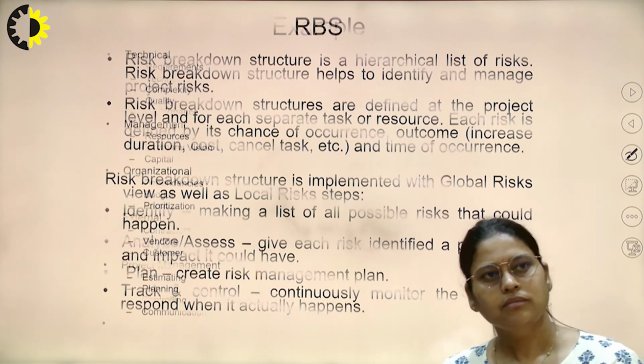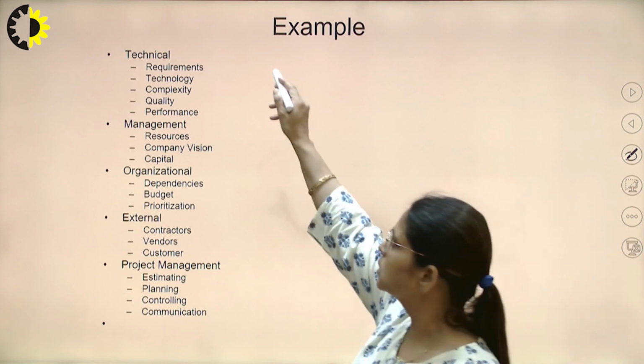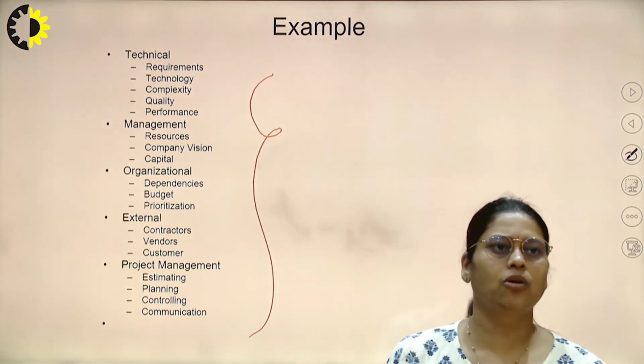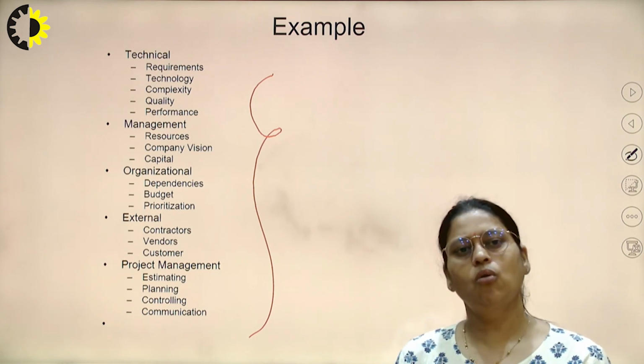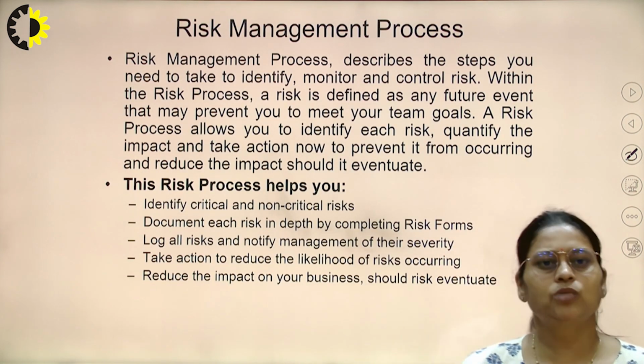In this, for example, we have to create the list of these risks in our project, like technical, management, organizational, external. So we have to consider all the list. We have to prepare a list of risks. Then we have to apply the risk management process.